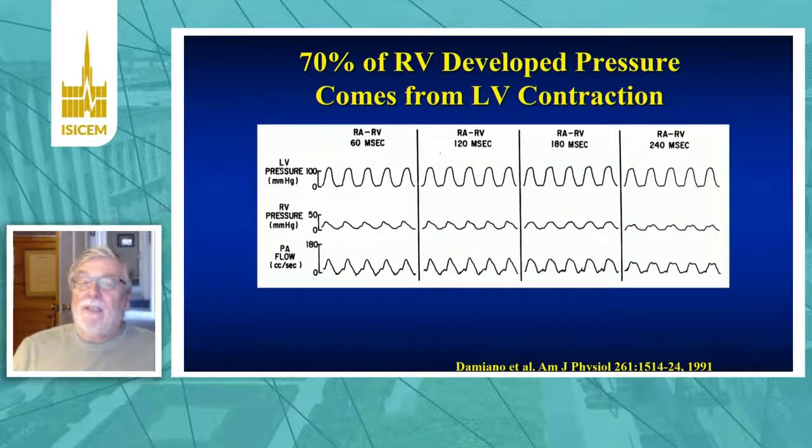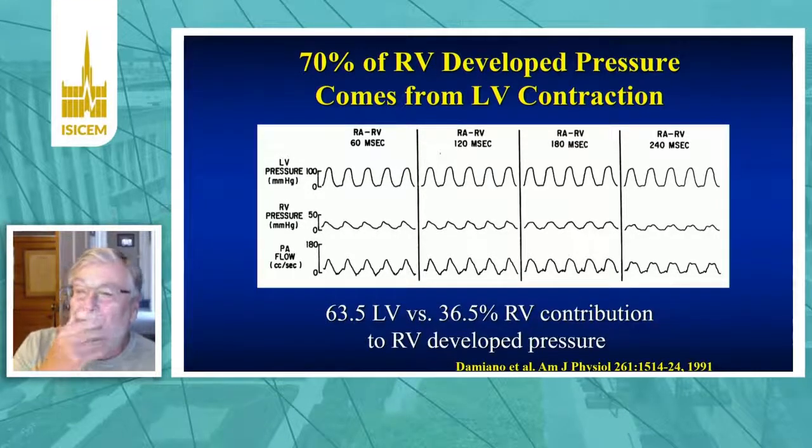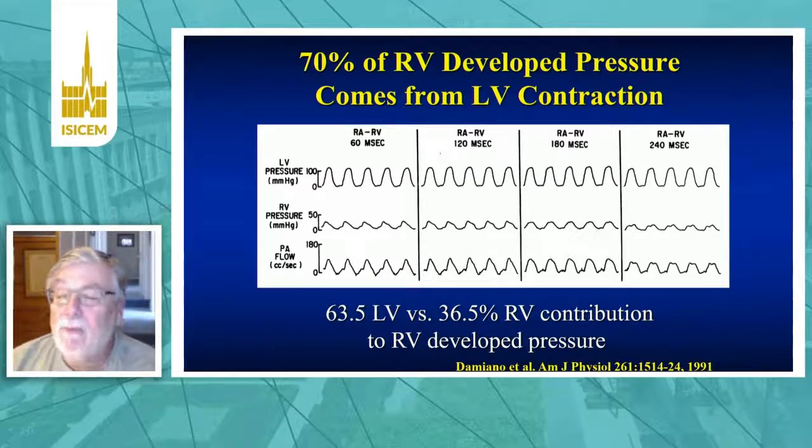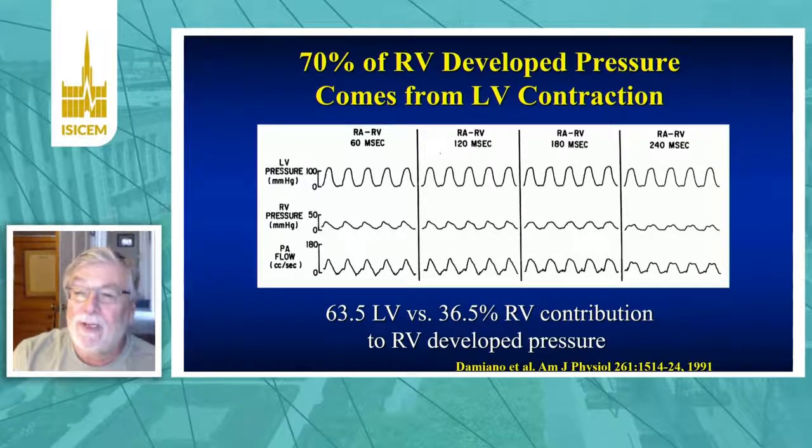What about the other side? Well, Domino showed that when he had a left ventricular assist device and he varied the amount of contraction of the two ventricles, he discovered that approximately 50% of the developed pressure of the right ventricle occurs from left ventricular contraction, not right ventricular contraction.